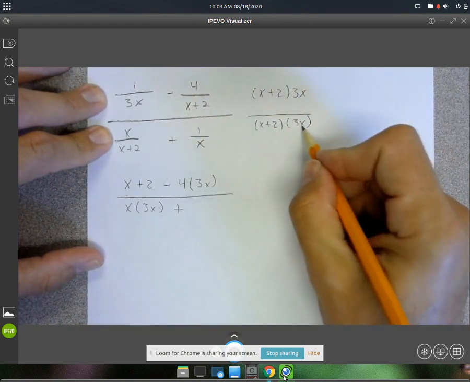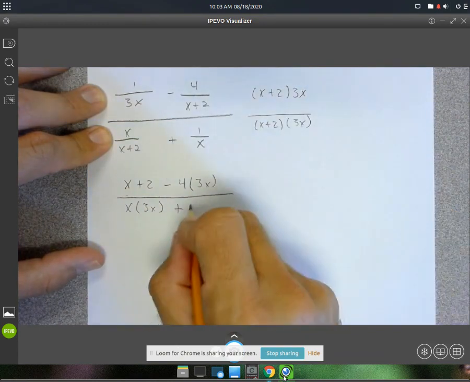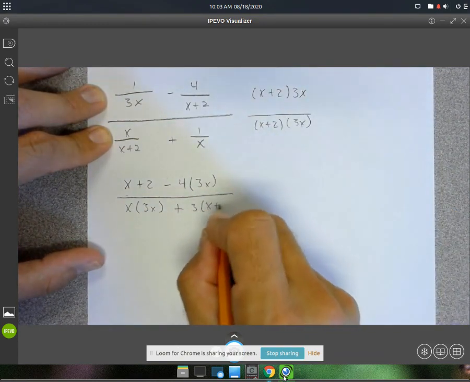That x cancels with that x, and we're just left with 3 and then an x plus 2.